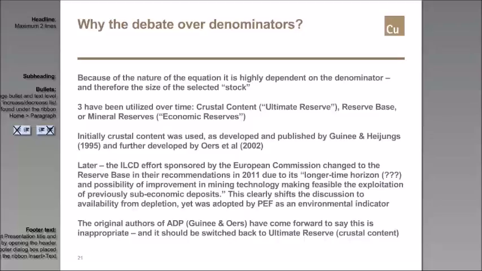So for example, if I look at copper, or let's say boron, or another element or metal, the amount that's available in the crustal content is determined from previous studies done in the industry to determine how much is available in the Earth's crust.